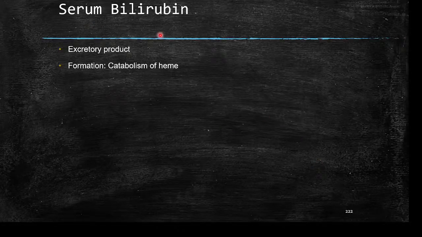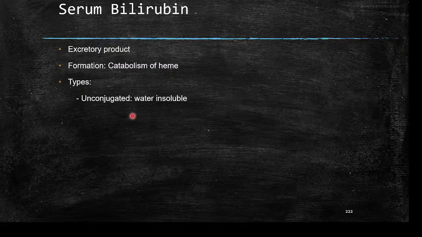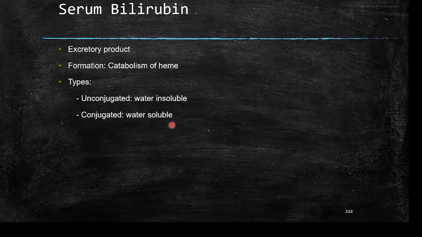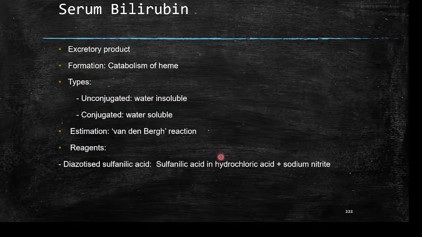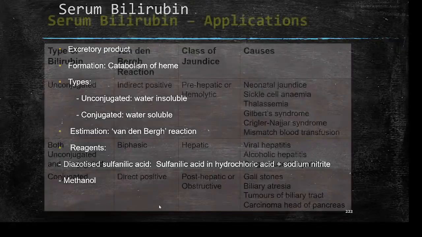Serum bilirubin is an excretory product, and its formation is because of catabolism of heme. There are two types of bilirubin: unconjugated, which is water insoluble, and conjugated, that is bilirubin conjugated with glucuronides. Estimation can be done by the Van den Bergh reaction, with reagents diazotized sulfanilic acid and methanol.